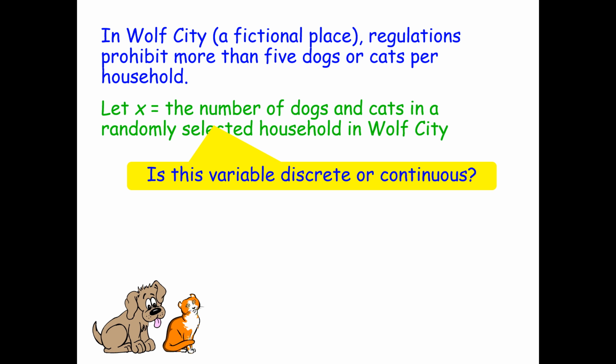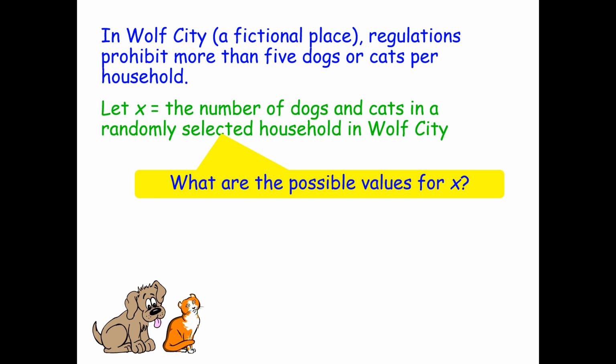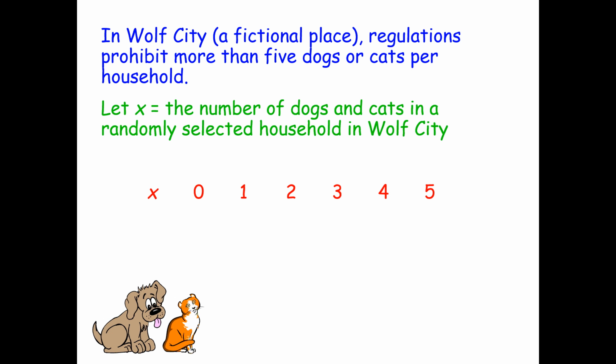Is this variable going to be discrete or continuous? Because it's asking us for the number of dogs and cats in a randomly selected household in Wolf City, we're looking at discrete information. So now we want to know, what are the possible values for x? Well, you could have 0, 1, 2, 3, 4, or 5.